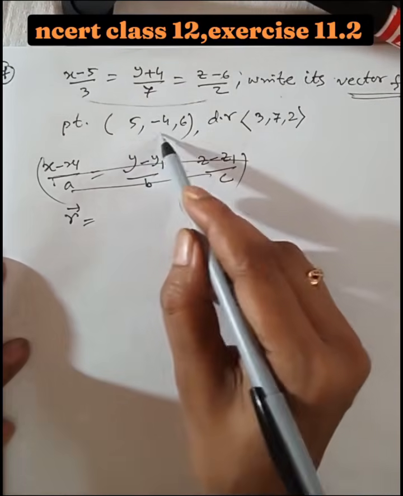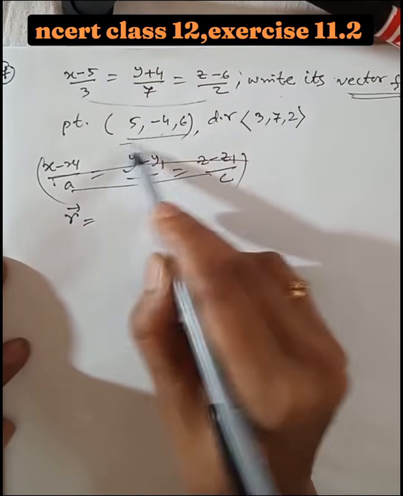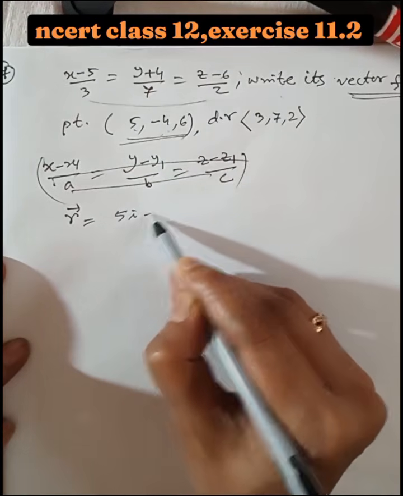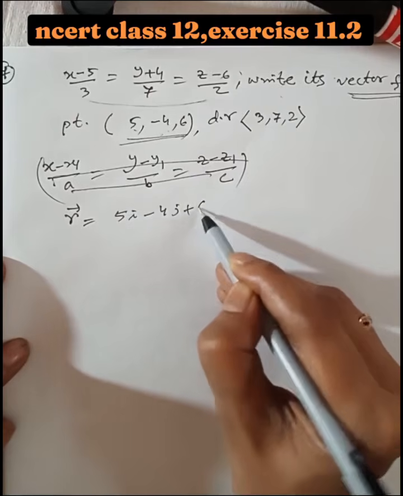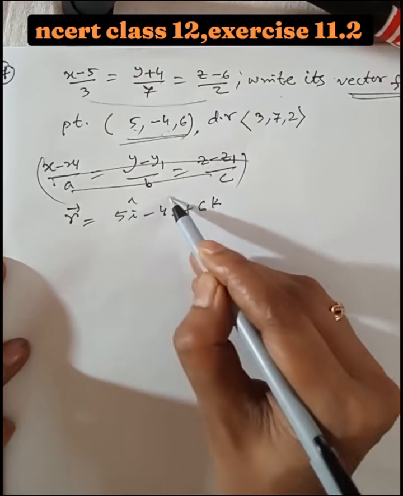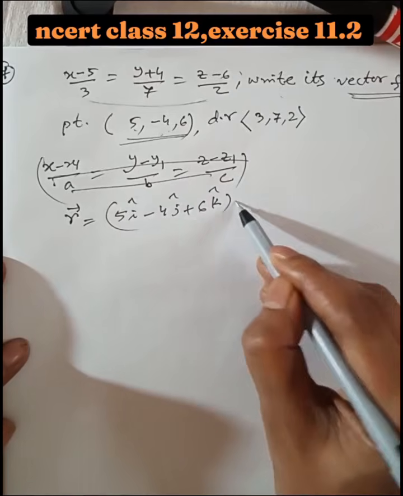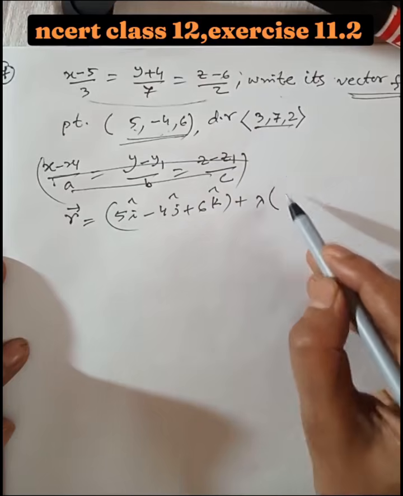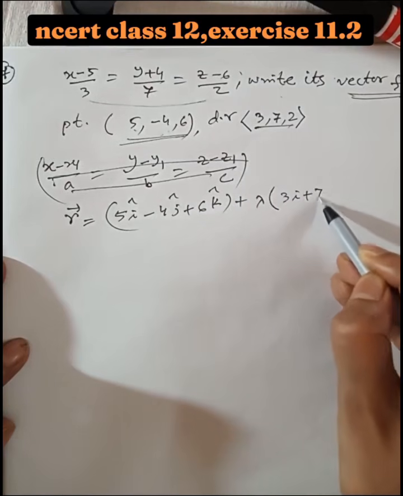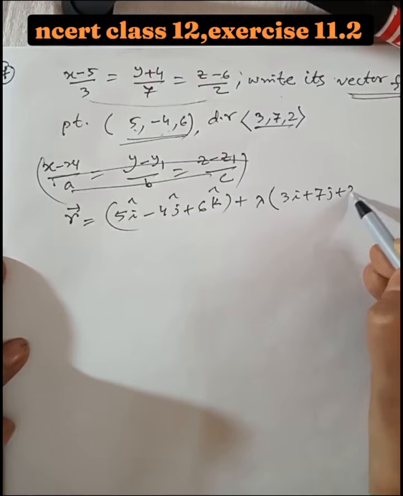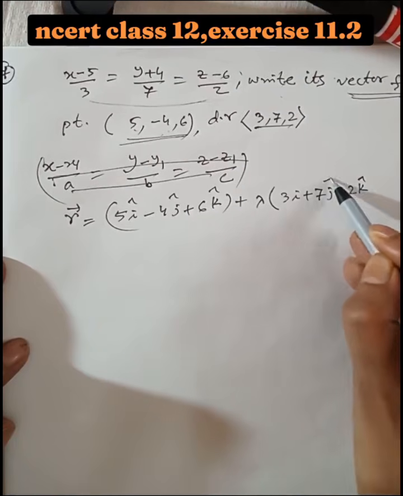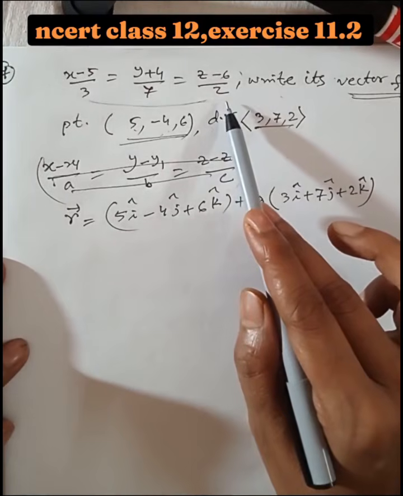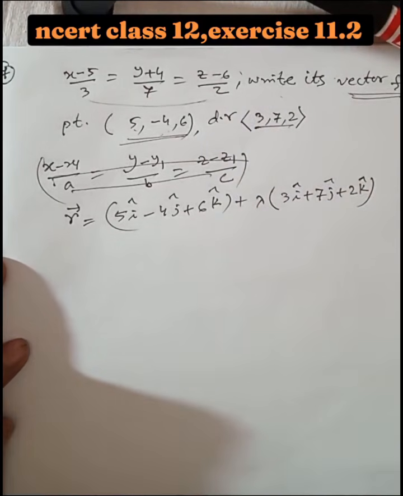The line is passing through the point (5, -4, 6), so 5i - 4j + 6k plus lambda, where lambda is an arbitrary constant, times the direction ratio 3i + 7j + 2k. This is the vector form of the given equation in Cartesian.